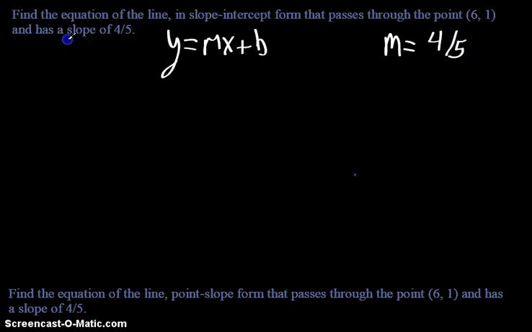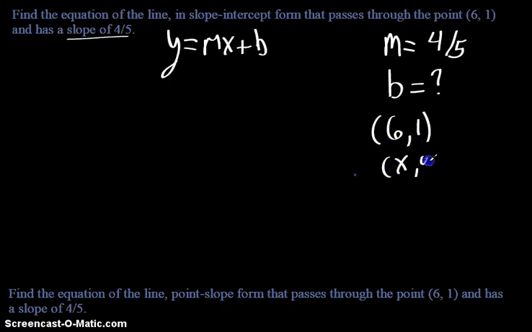Again, that was right here, slope of 4/5. I also want to find my b, which I do not know. I have the point that's given to me, which is 6, 1. And remember, this point is in terms of x, comma, y, and it's always in those terms.